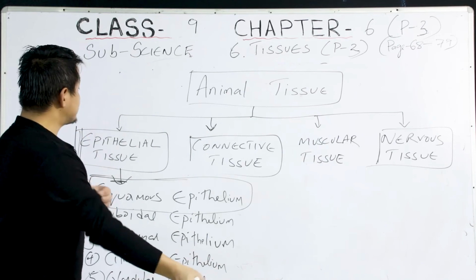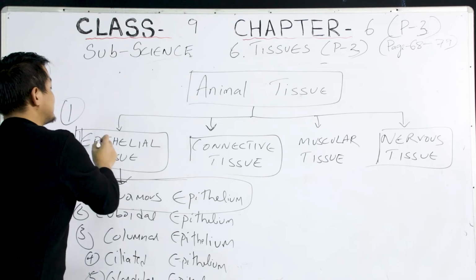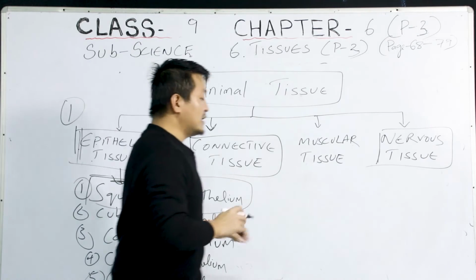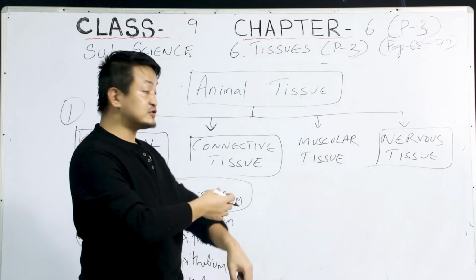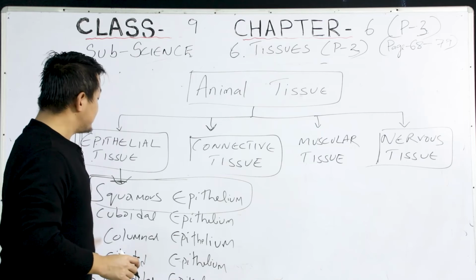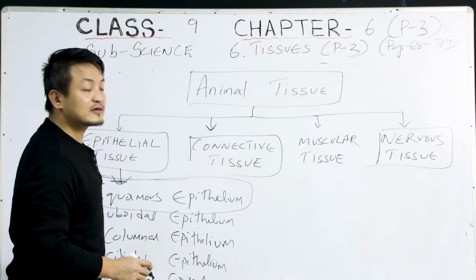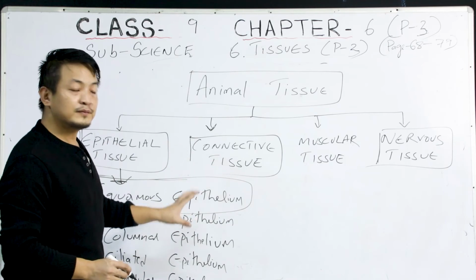So my dear students, this is the first type of the animal tissue, that is epithelial tissue. Epithelial tissue is the outermost covering of the skin. Here we have 5 different types of epithelial tissue, which I have already named. Now we are going to study the squamous epithelium.